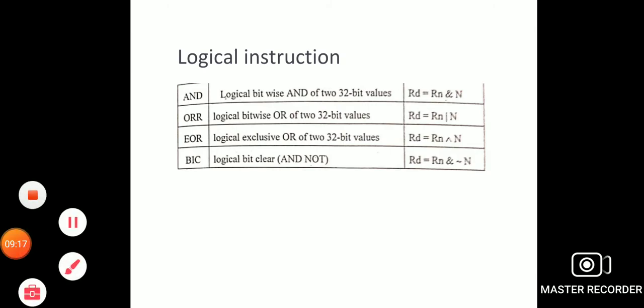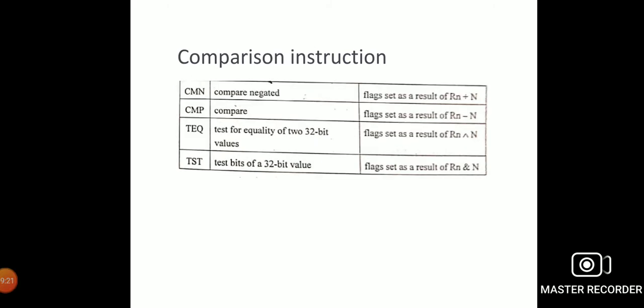So next, we are going to discuss the comparison instructions. Here the comparison, that is CMN, an instruction code, compare negated.